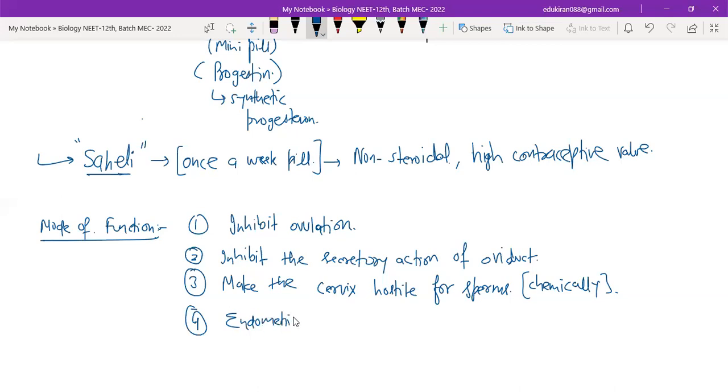They make the endometrium unable to allow implantation. So they are almost covering every aspect, right? So they are a good contraceptive method. Yes or no? You understand?